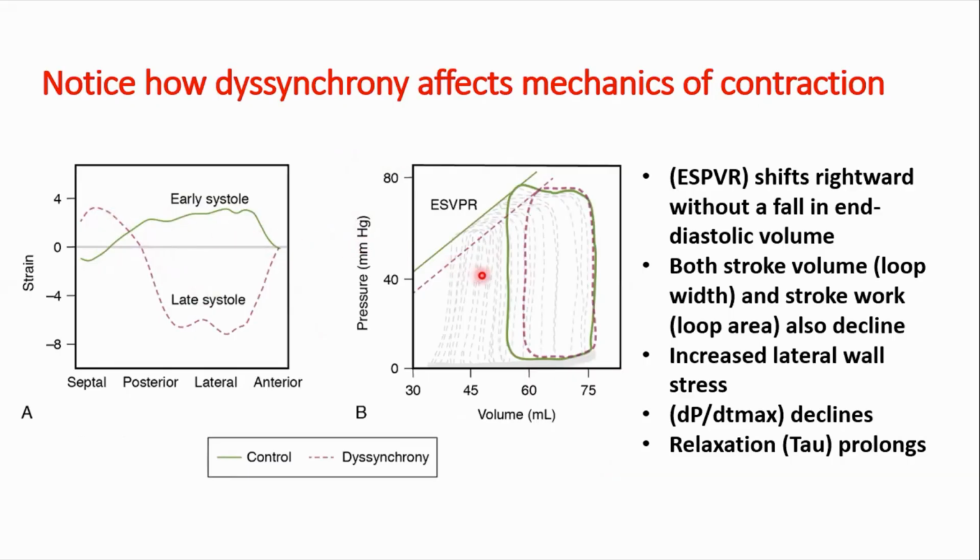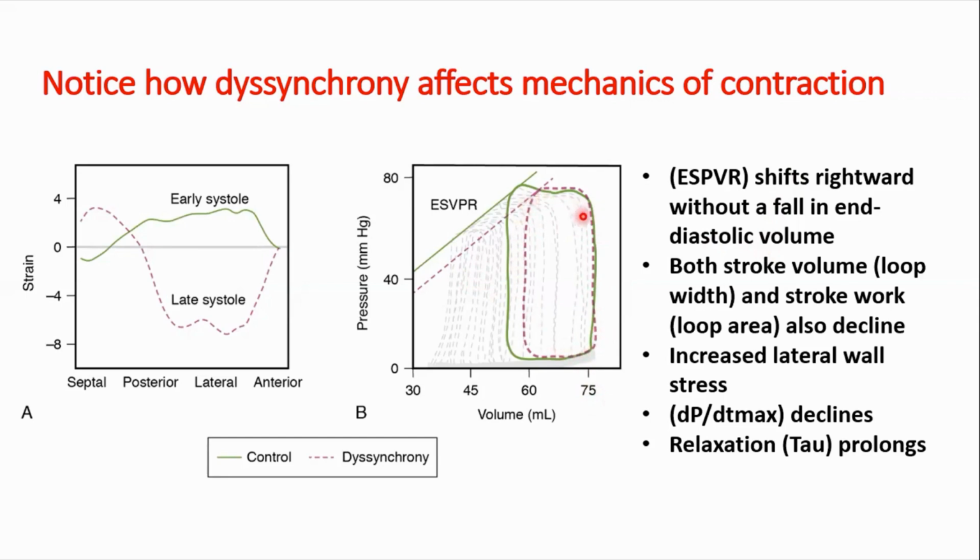This leads to shifting of the pressure volume loop to the right, meaning that the end systolic pressure volume relationship is shifted to the right, and we notice that there is no fall in the end diastolic volume.